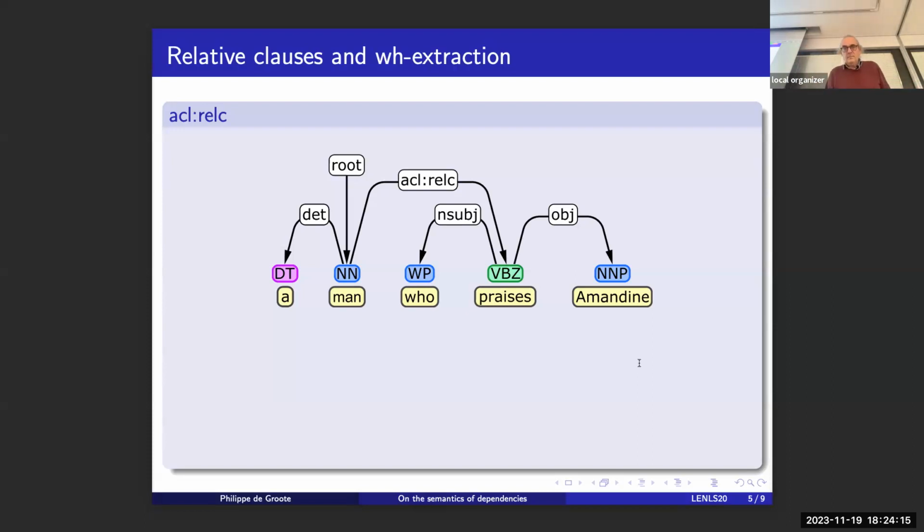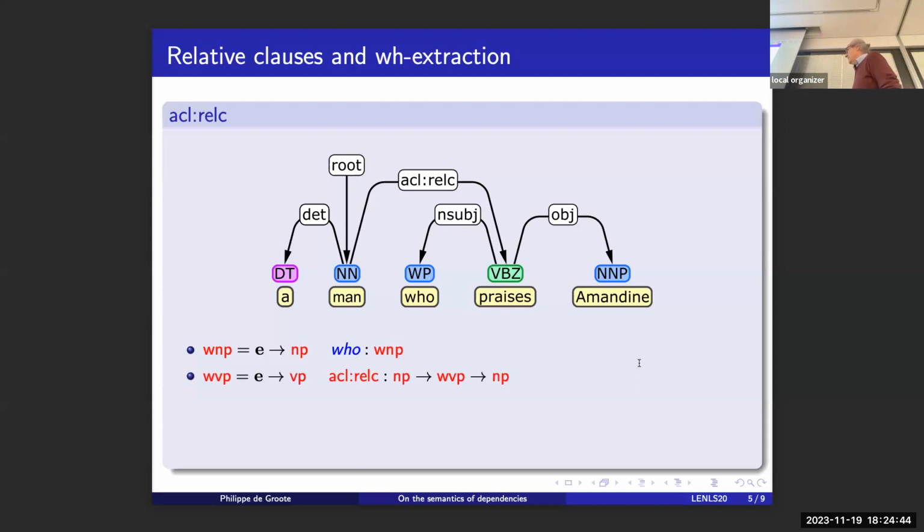So the standard way of treating extraction is by means of lambda abstraction. So I define W noun phrases, which are noun phrases where we have extracted semantically an entity, and then "who" is going to be of this type.